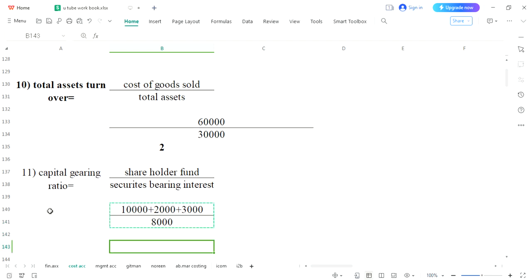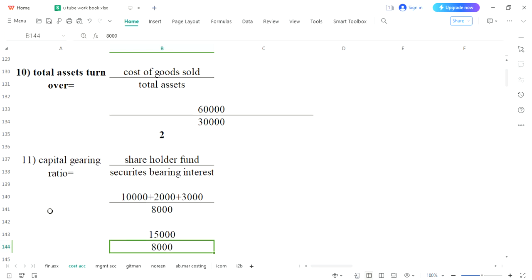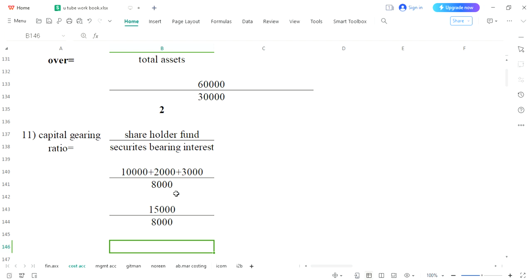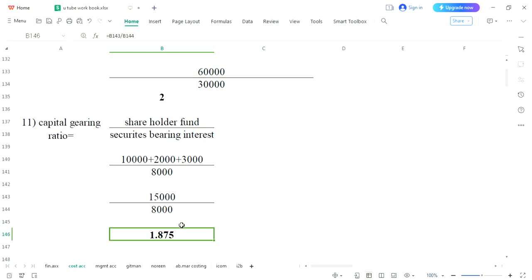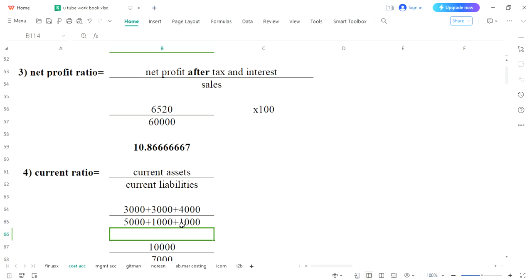So our values have been posted. We are now open to take the sum of these three to get shareholder fund, and there is only one security bearing interest. So shareholder fund divided by securities bearing interest 8,000. We have got 1.875. Let's check it out.